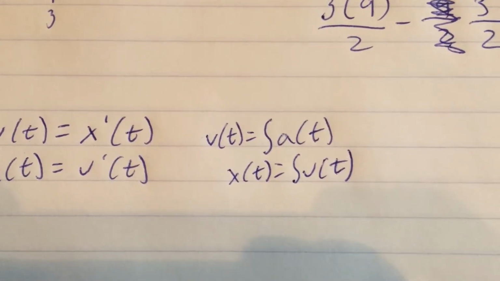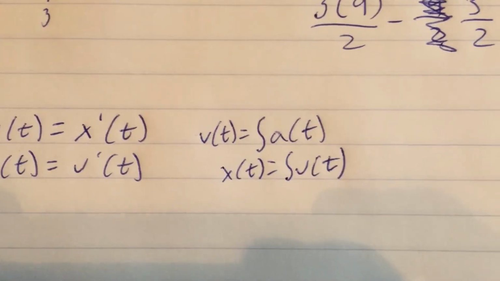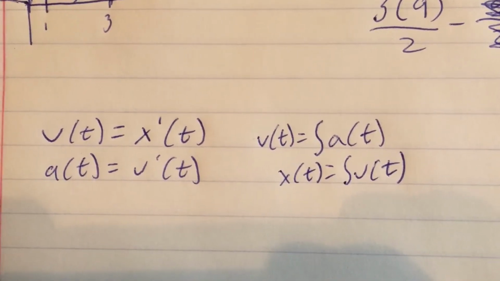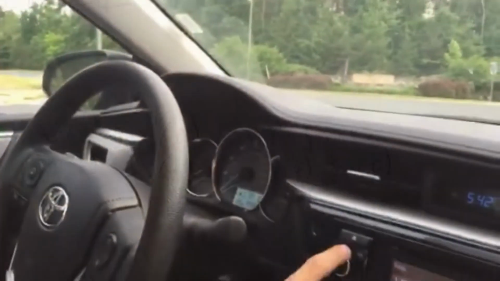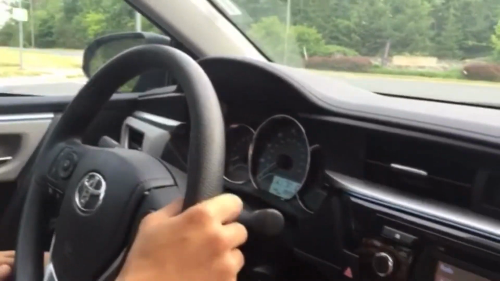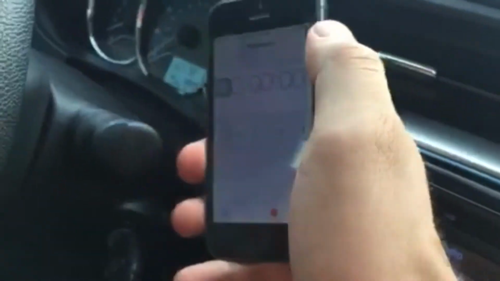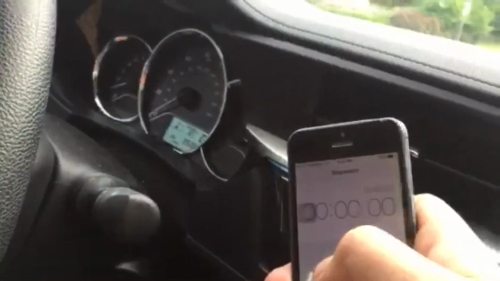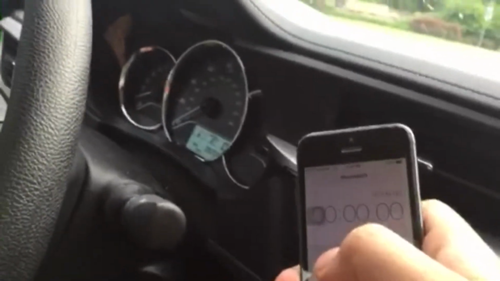Now we're going to do a little experiment here in the car, and we'll use that to interpret some more integrals. Alright, here we go. AP Physics C project. We got Omar, the driver. So what I'm going to do is I'm going to have this stopwatch. Once I click start, Omar's going to hit this from 0 to 50 right here, okay?